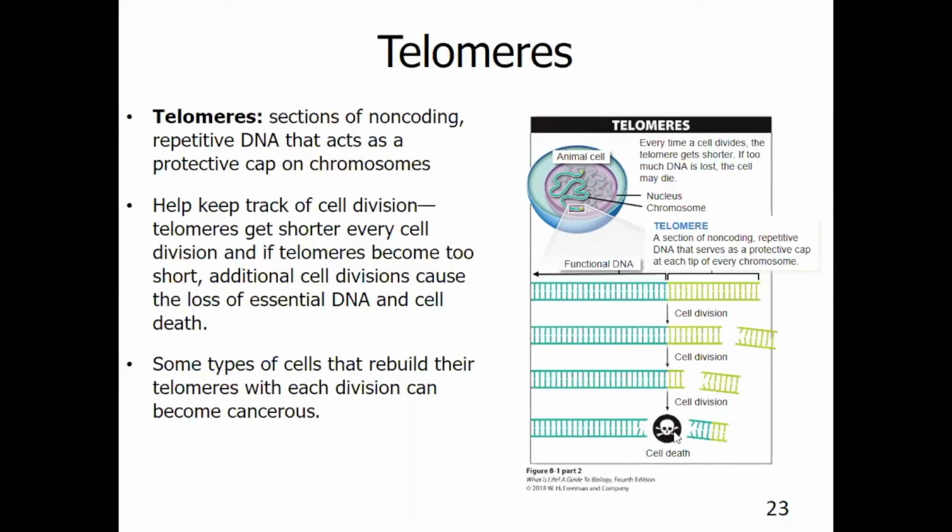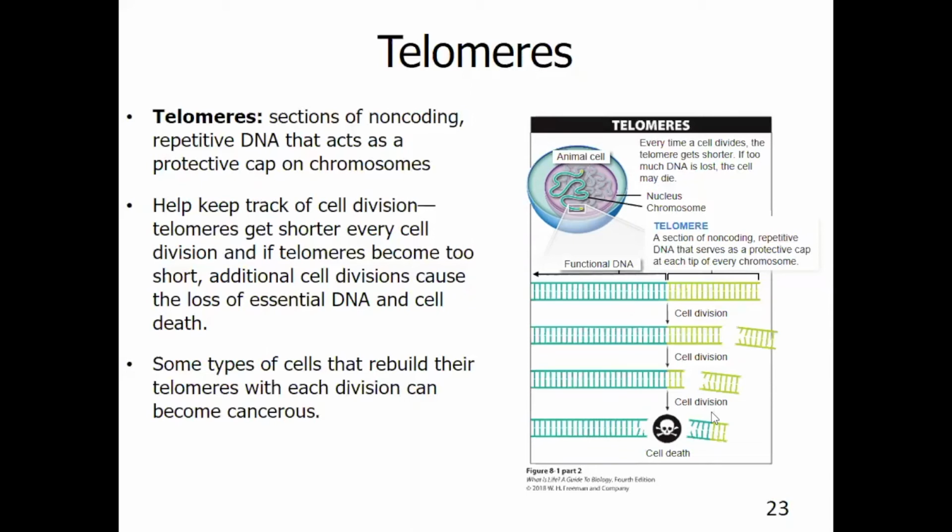If this continues, eventually we would be losing important DNA here in blue. So these telomeres act as protective end caps so that every time the cell divides and loses the ends of the chromosome, it's only losing the telomere region and not the coding or important region of the chromosome.